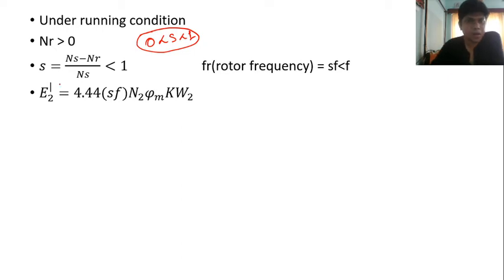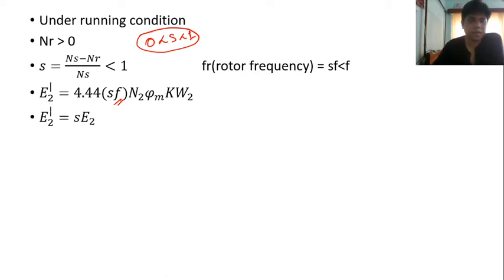Now E2 dash represents the rotor induced EMF in the running condition. So here we take the rotor frequency as SF, because in an induction motor the rotor frequency is scaled by a factor of S, right?